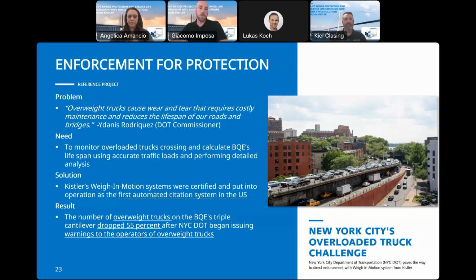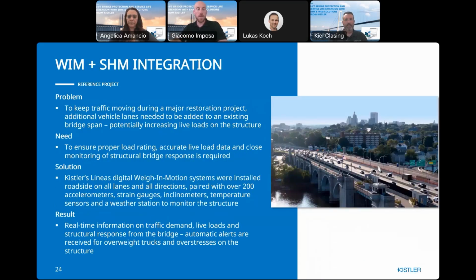In this case, weighing motion was the best tool, also because it was the first example of an automated citation system in the US. For the second case, unfortunately, I cannot reveal the name of this bridge because it's sensitive information, but I can say, really proudly, that it is one of the biggest, or at least the biggest, installation of weighing motion lines in the world.